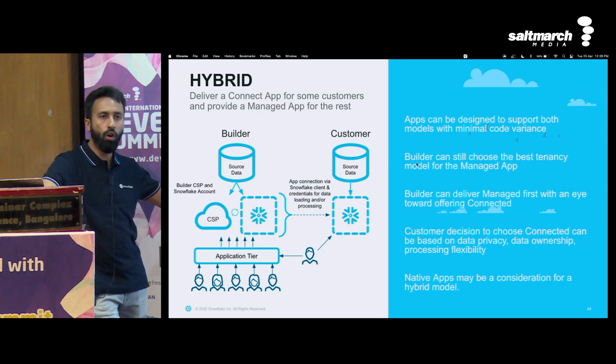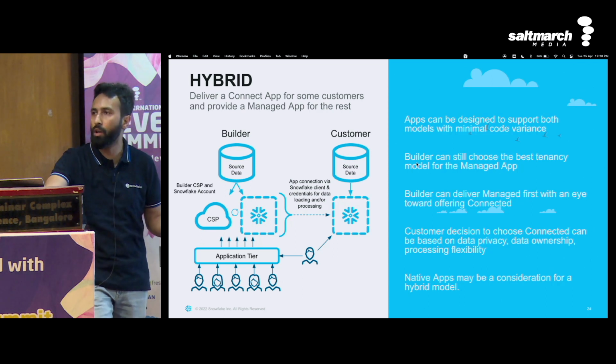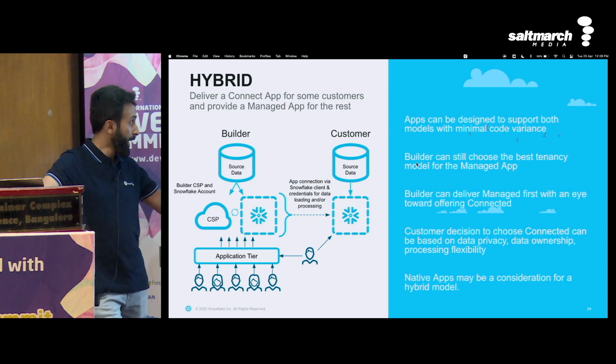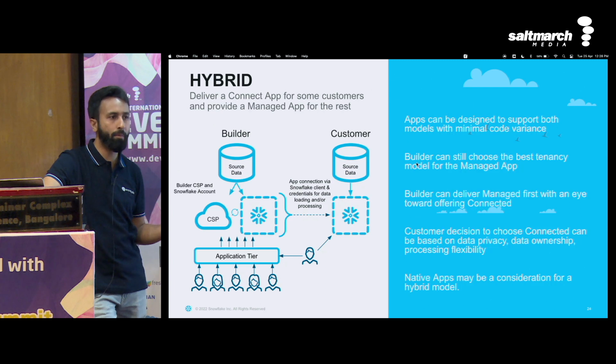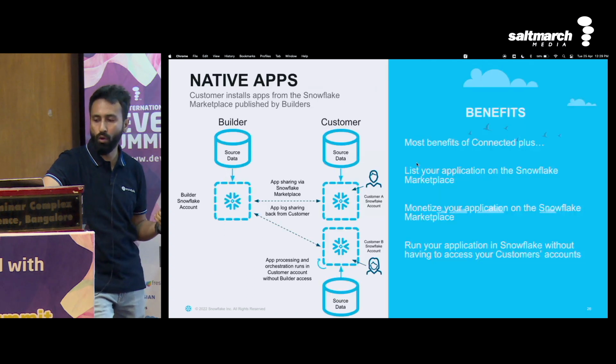But this also remains an option. So you're not completely tied in or locked into the whole managed application setup. You can always move on to a connected deployment method as well. If you are considering a hybrid approach, you may want to consider a native application framework that Snowflake has to offer.